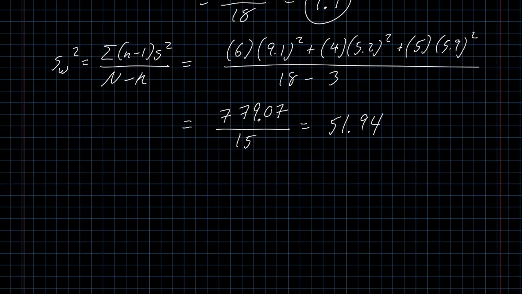Next, we have to calculate the between group variance, SB squared, which is given as the sum of n times little x bar minus big X bar squared all over k minus 1.